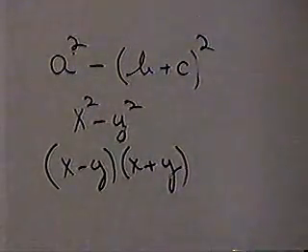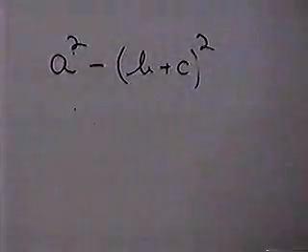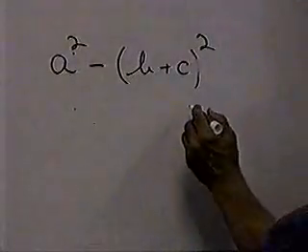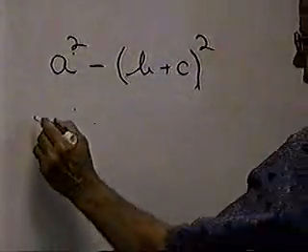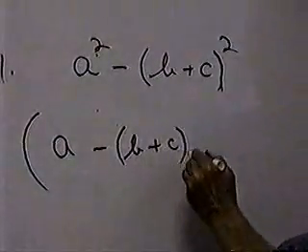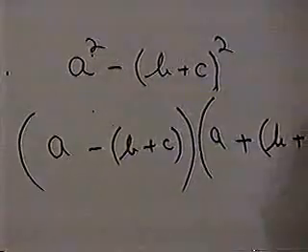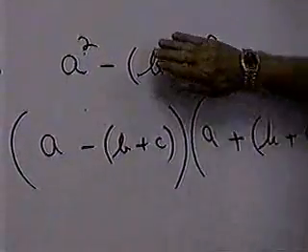Okay? So let's show you how easy this is if you'll think of the parentheses as an object. All right? So it's A minus the parentheses, and it's A plus the parentheses. Just think of that as an object.